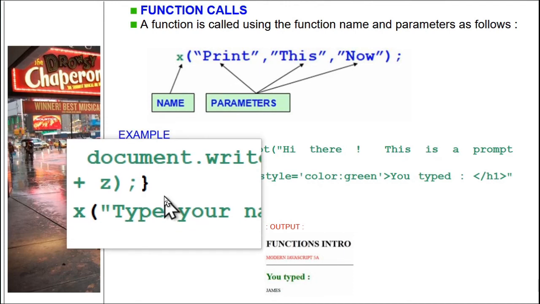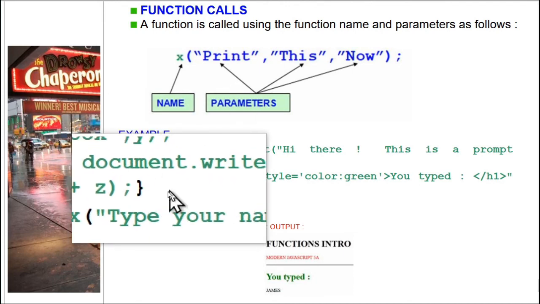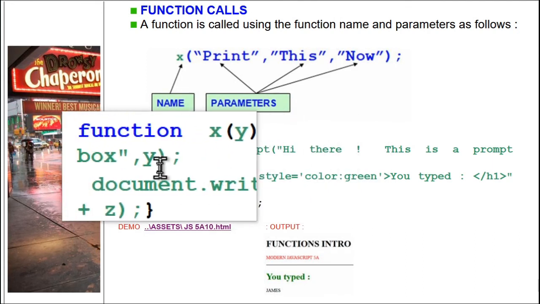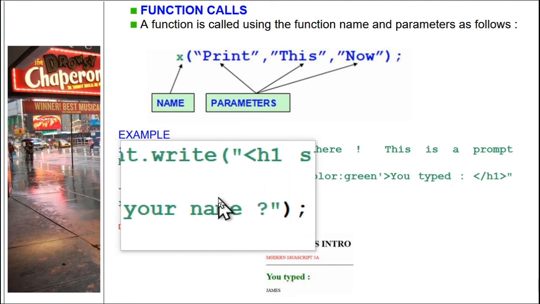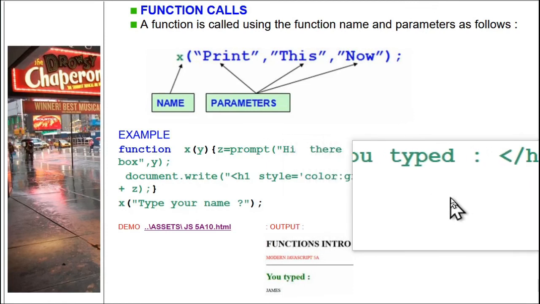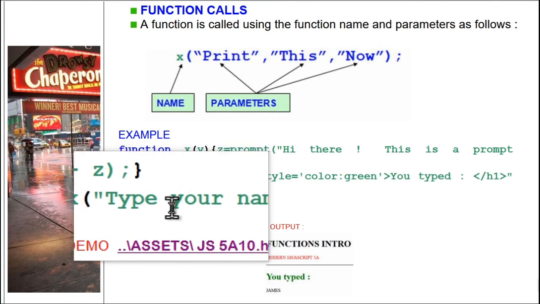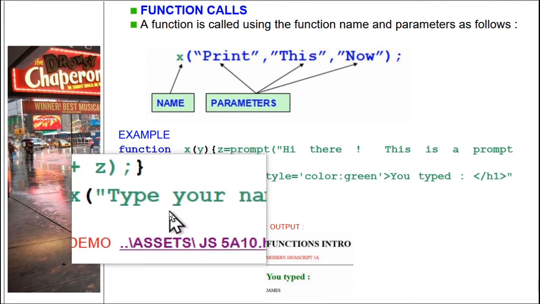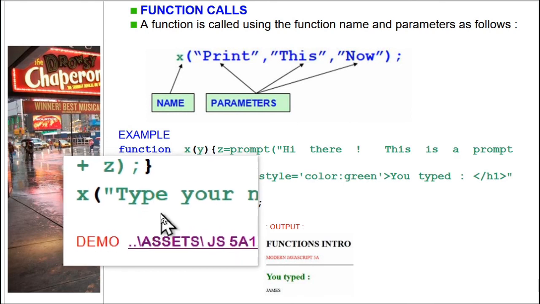And then the next line is saying document write, so it's saying write this out. So write out this text to the browser. So document write h1 and the value of that, which was passed by the prompt command.